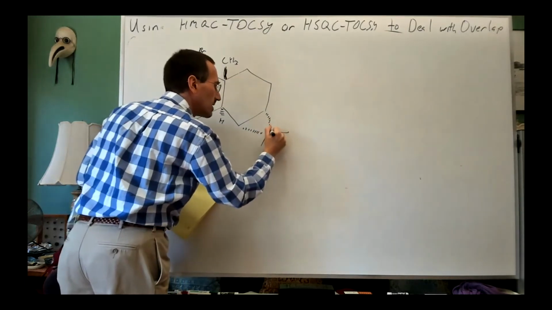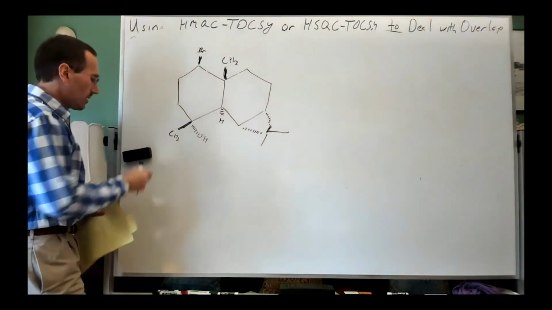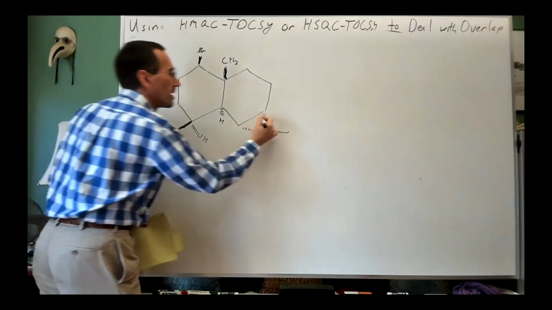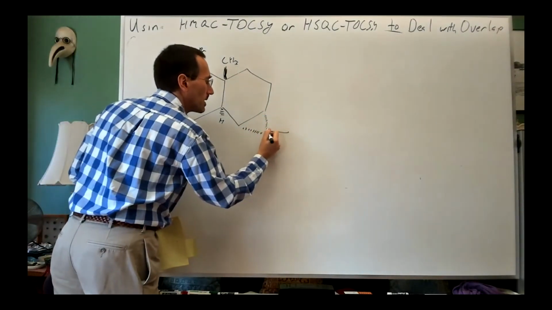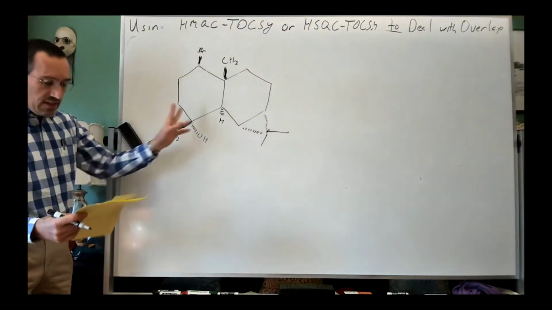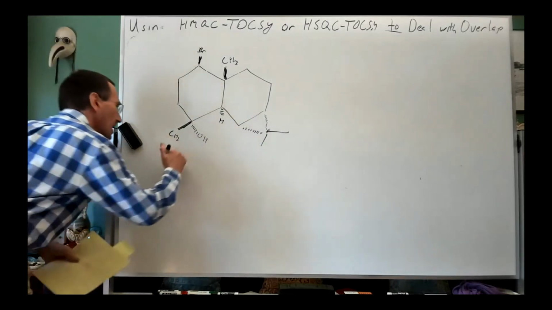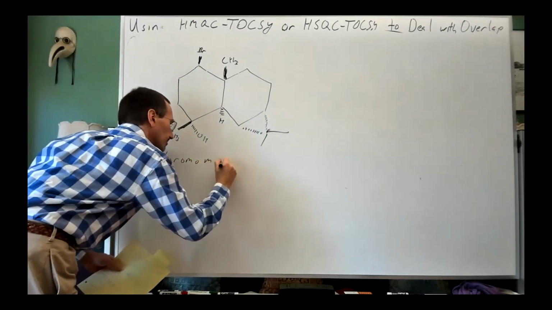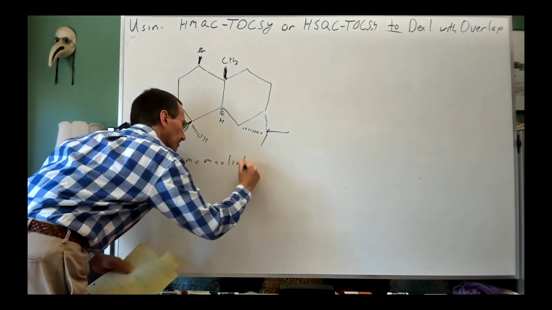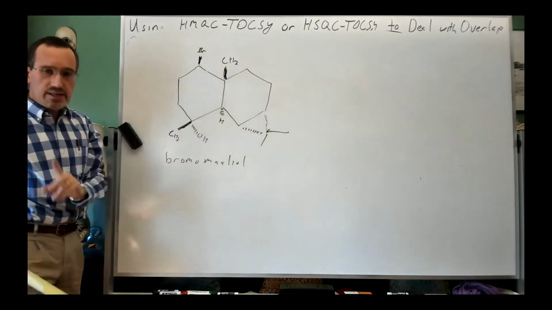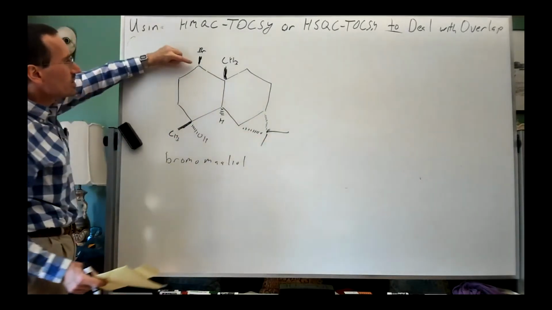So we have a cyclopropane ring. Let me redraw that bond of the cyclopropane ring. It's on the lower face. Okay, so this is called bromomalliol, and I'll use this to illustrate the example of the difference.